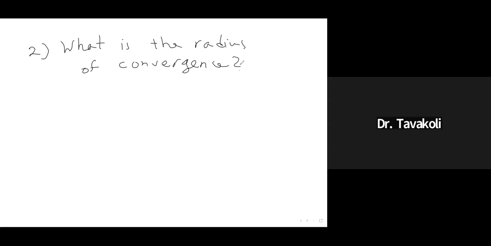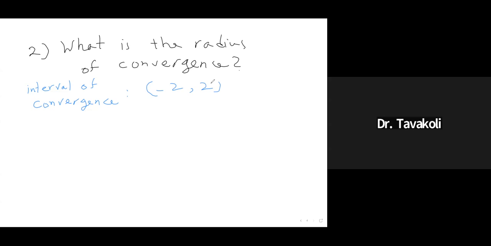So in fact, this is a kind of simple question because what was the interval of convergence from the previous part one? The interval of convergence was from -2 to 2.